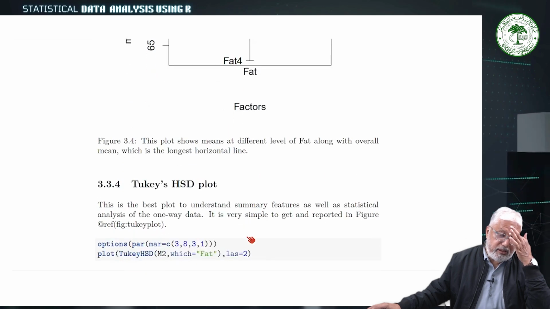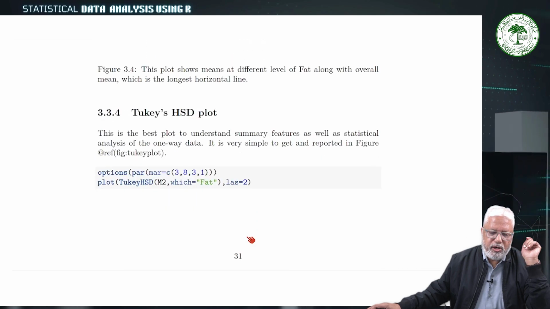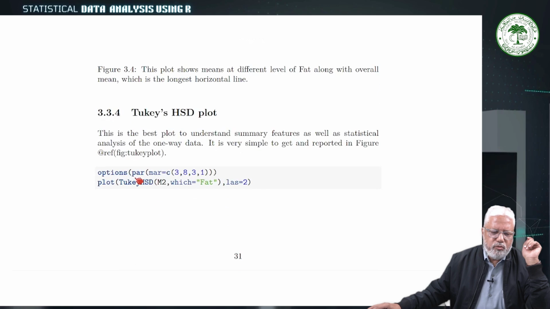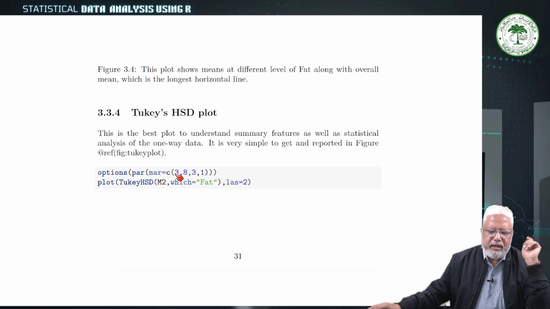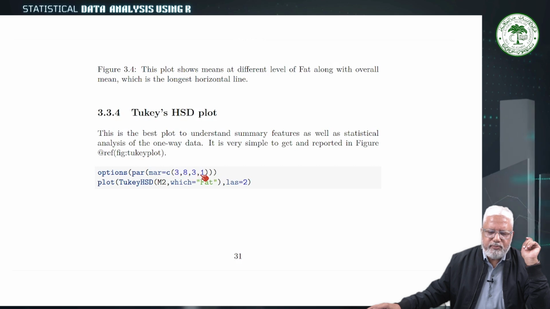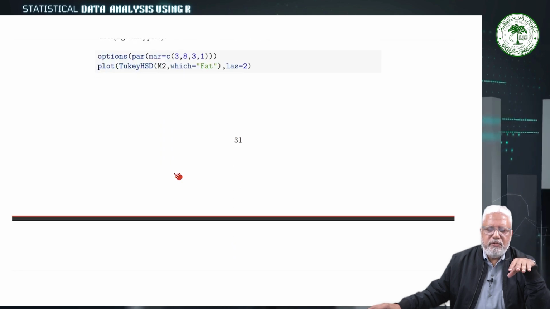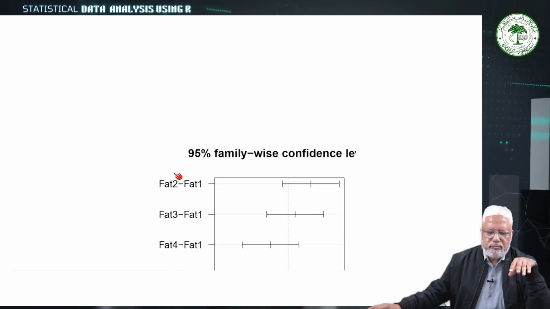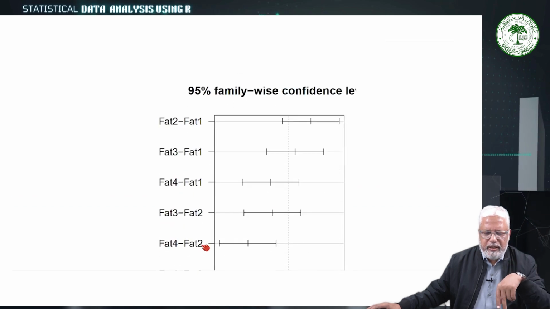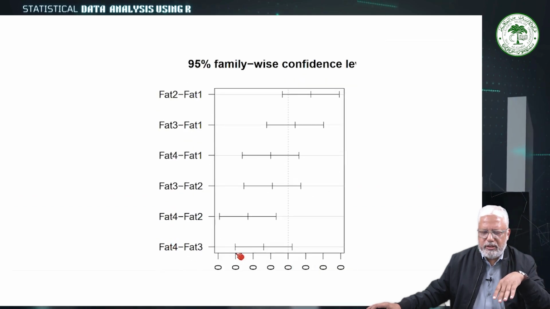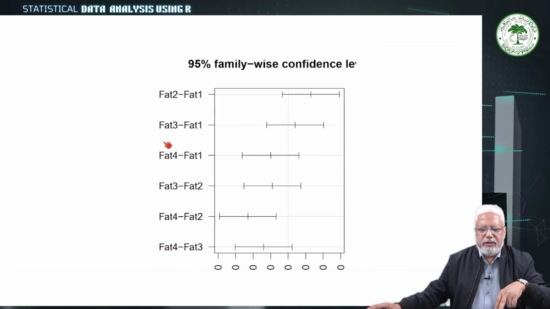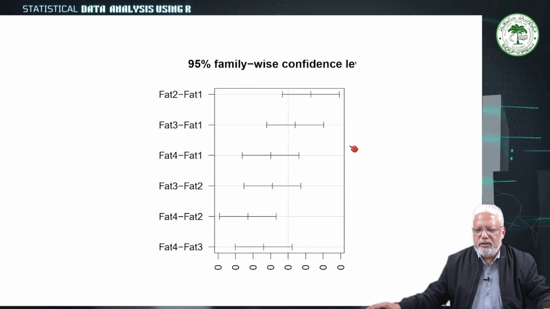Now the TukeyHSD plot, Tukey honest significant difference plot. Here we are giving the option par(mar = c(3, 8, 3, 1)). These are the margins of the figure: this is margin 1, this is margin 2, this is margin 3, and this is margin 4.